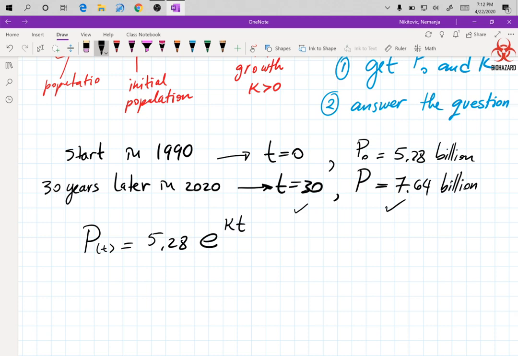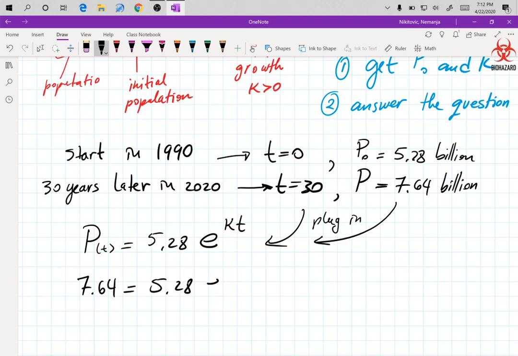So plug in, and we get 7.64 is equal to 5.28 e to the 30k. Right, it's k times 30, since t is 30, so just write it as 30k.